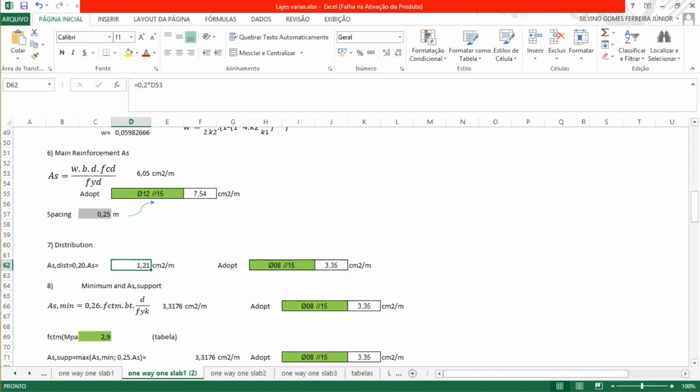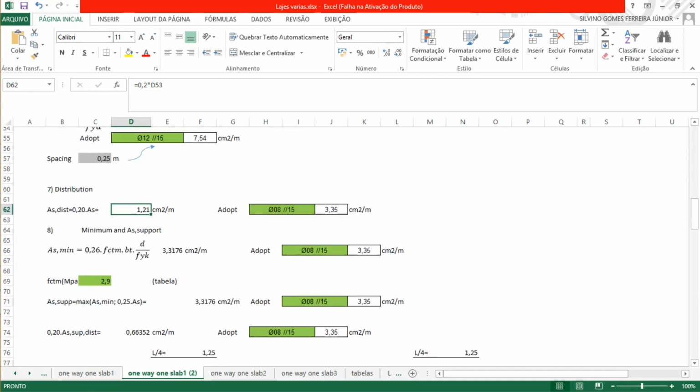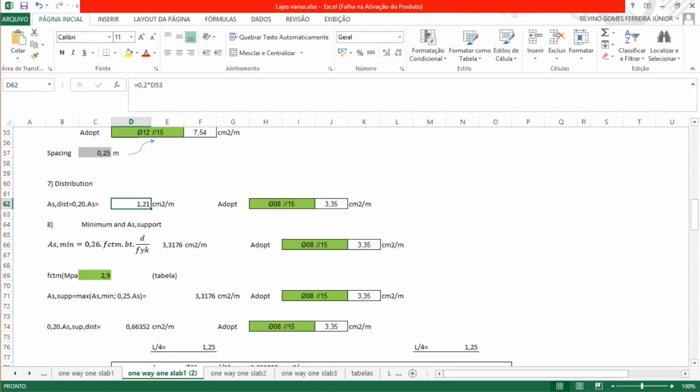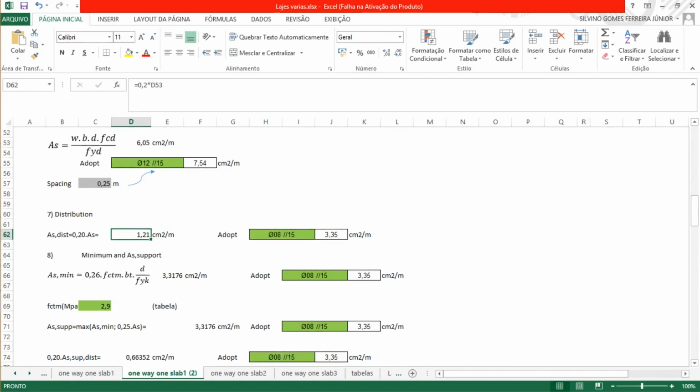But since I like to follow a rule that I always maintain the minimum reinforcement, and we calculated there that it was 3.317, and for this using iron rods of 8 millimeters spaced by 15, that's 3.35, which is a little bigger than this, so this is okay.